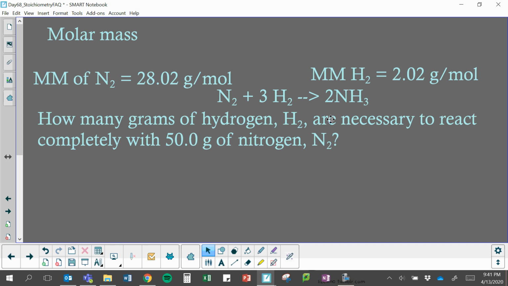So if you're looking for the molar mass of hydrogen here, you're going to want to find on your periodic table the mass of hydrogen, which is 1.01, and there's 2 hydrogens because of the subscripts. You always count subscripts for molar mass. And let me write that to this side.